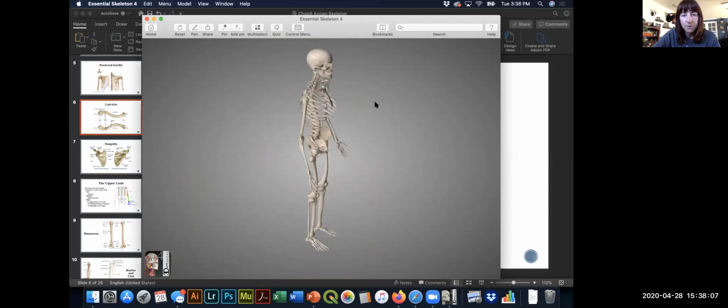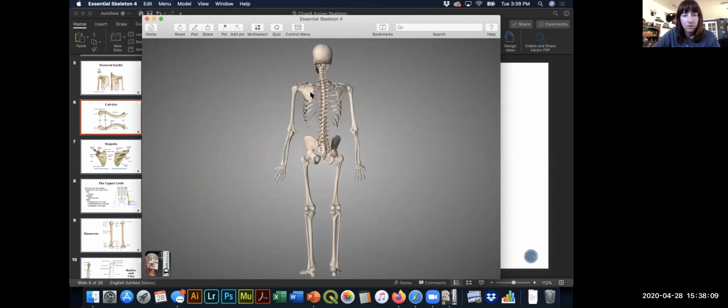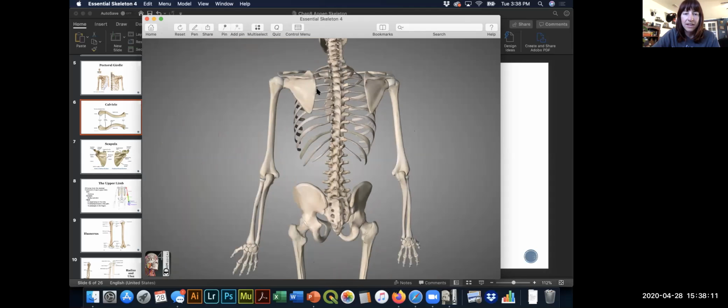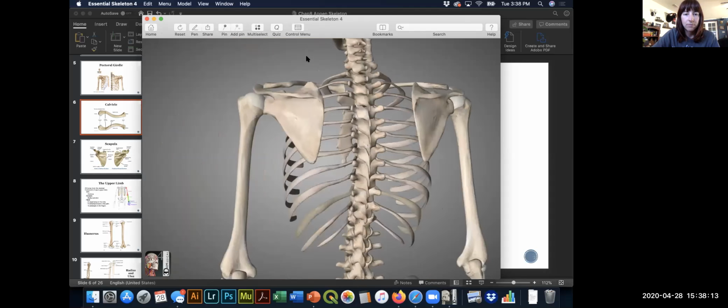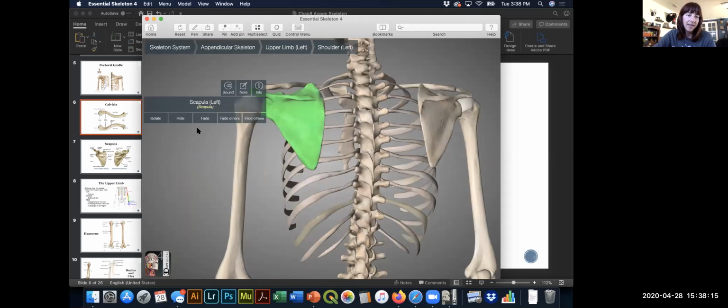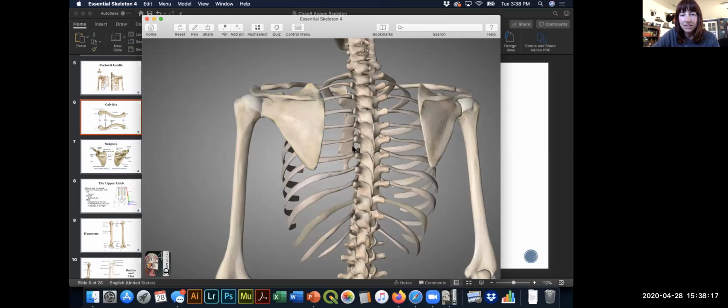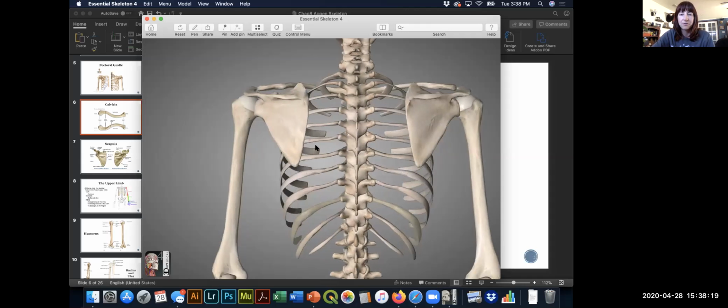Your scapulae, which you will want to be able to orient in space by itself, right? So if you're looking at this guy, you know you're looking at it from a posterior view, right? You know that where the glenoid cavity is, that socket, that's going to be the lateral side, because that's going to be farther away from the midline.